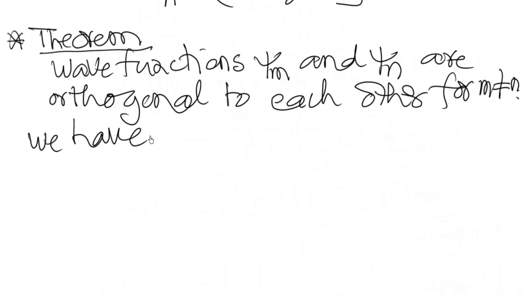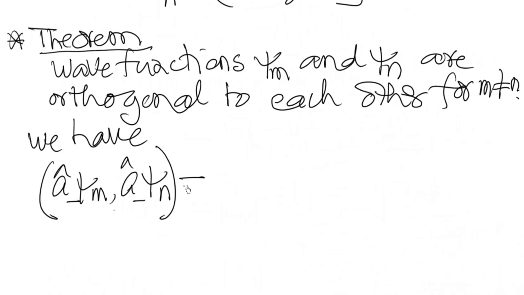We have, if you consider a minus psi m and a minus psi n, and if we bring this a minus here, then it will become a plus. We know from a previous theorem.